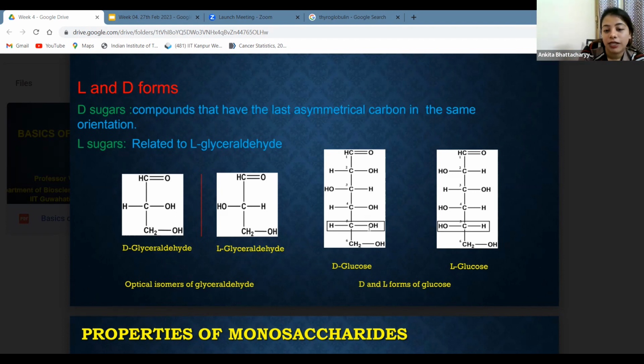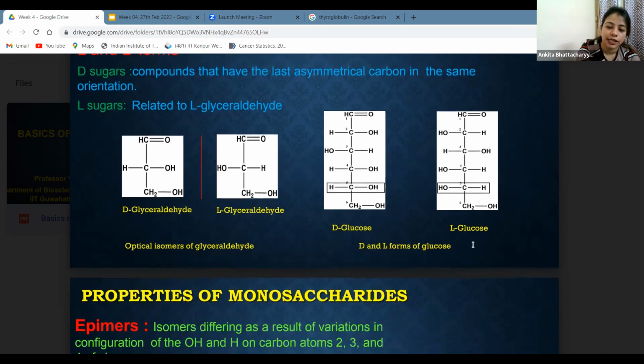In this case, when the hydroxyl groups are oriented in the same direction, it is represented as D-glucose, versus when they are in the opposite direction, you would call that L-glucose. So that's another way of classifying these sugar molecules.